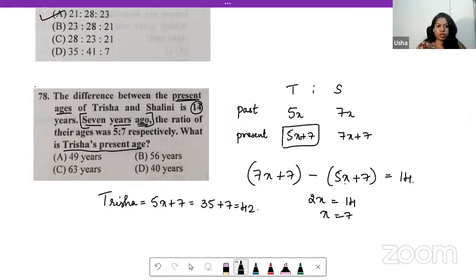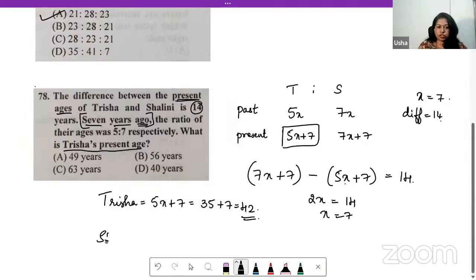Present age of Trisha is 5x plus 7 and Shalini's age is 7x plus 7. Difference is 14. So 2x is 14, x is 7. Trisha's present age is 5x plus 7. 5 into 7 is 35. 35 plus 7 is 42.